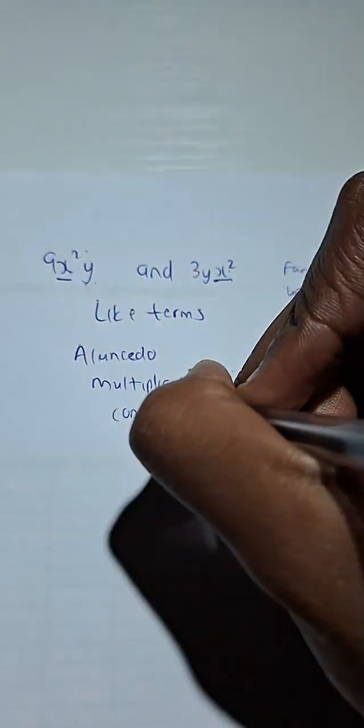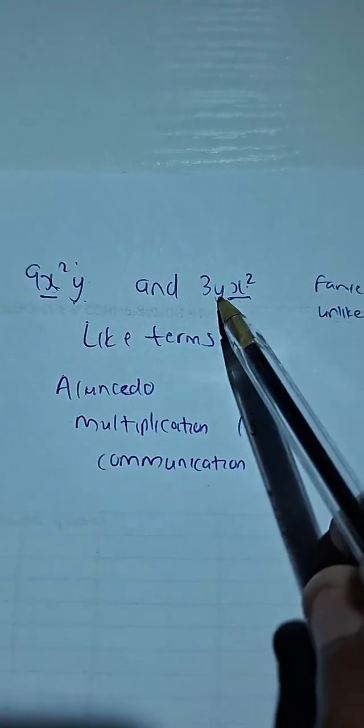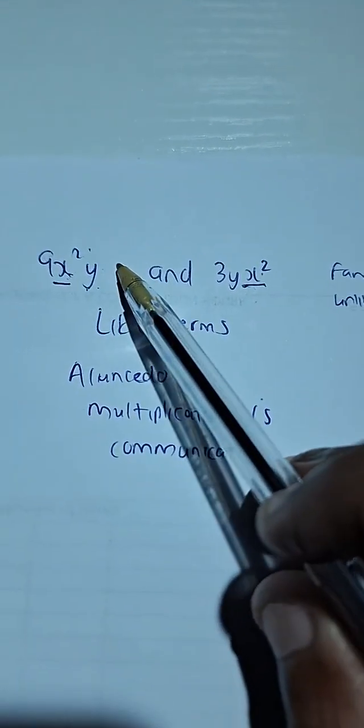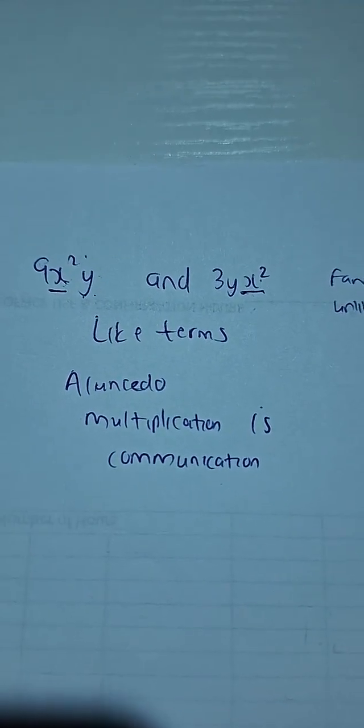Okay, yes, very true. Multiplication is commutative. So the y and the x squared, the order doesn't matter, guys. Aluncedo, you are 100% there.